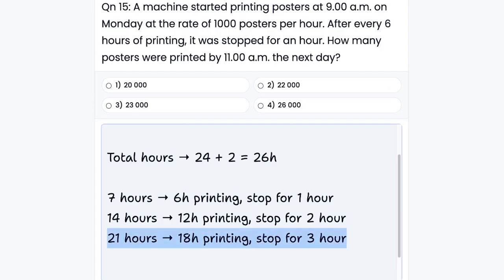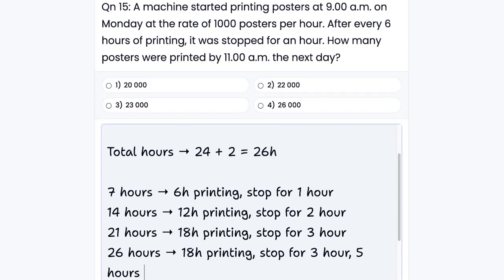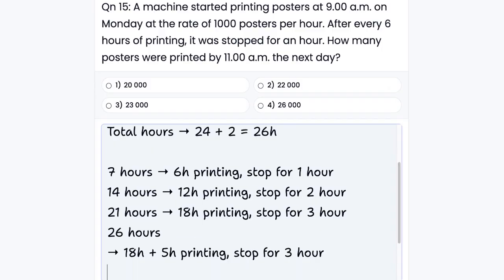Okay. What about 26? So 26 hours is 18 hours printing, stop for 3 hours, and then additional 5 hours printing. So 18 hours plus 5 hours, stop for 3 hours, and then this will be 23 hours printing, and then stop for 3 hours like this.